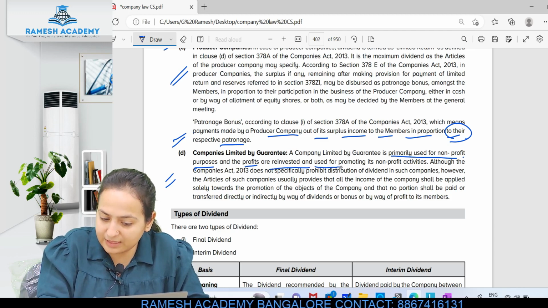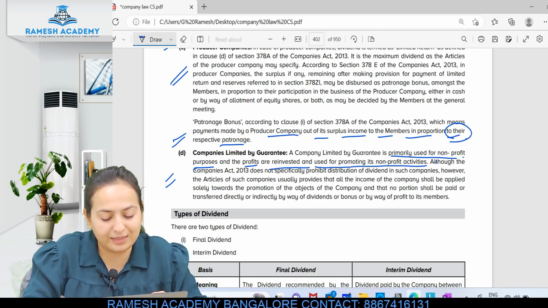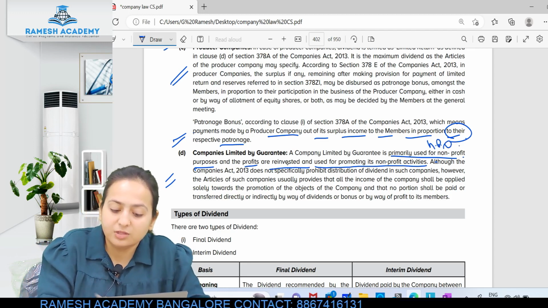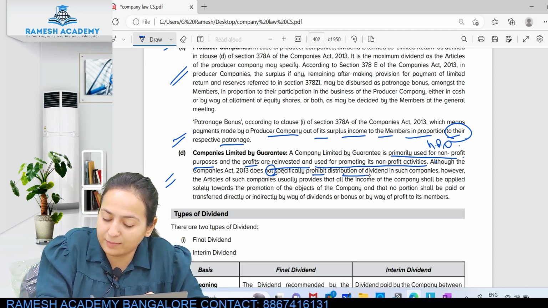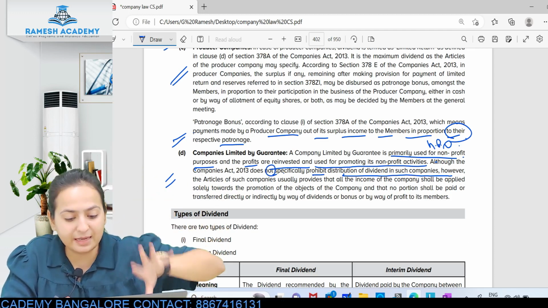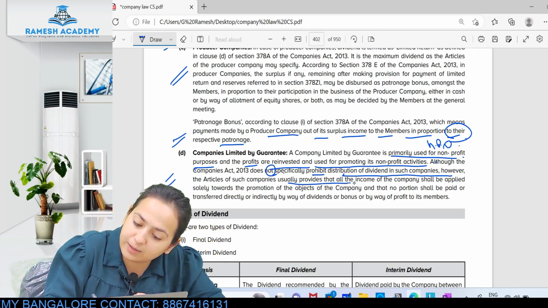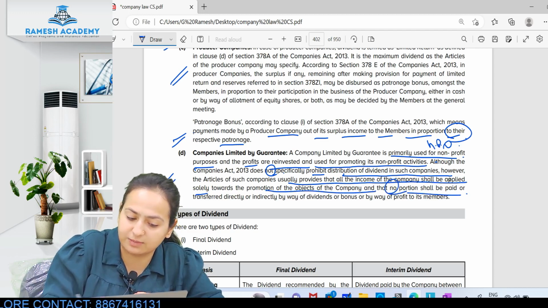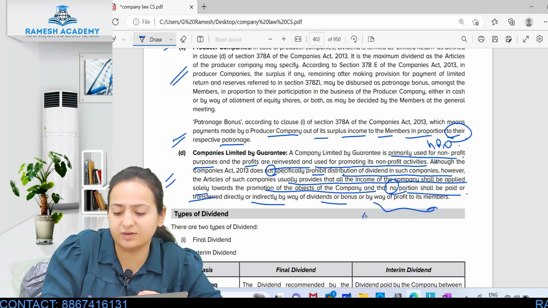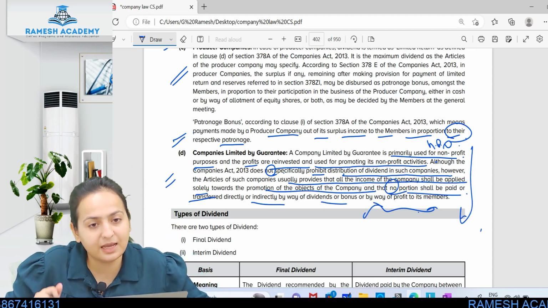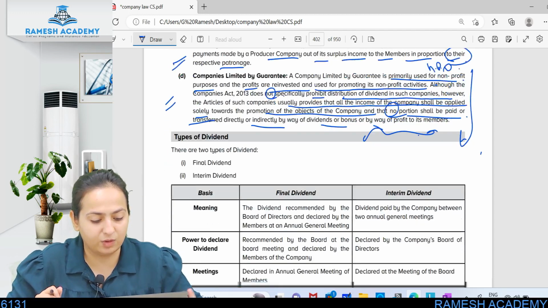The profits are reinvested and used for promoting the NPO activities. The Companies Act does not specifically prohibit distribution of profits. However, the AOA usually provides that the income shall be applied for promotion of the objects and no portion shall be paid or transferred by way of dividend. But in your AOA, it can be decided that the amount can be distributed by way of dividend.